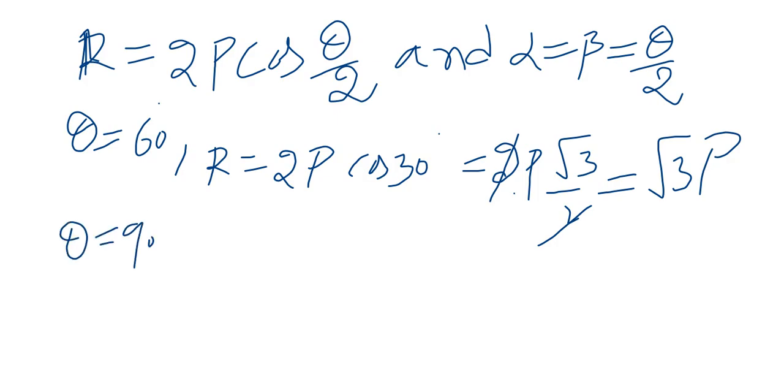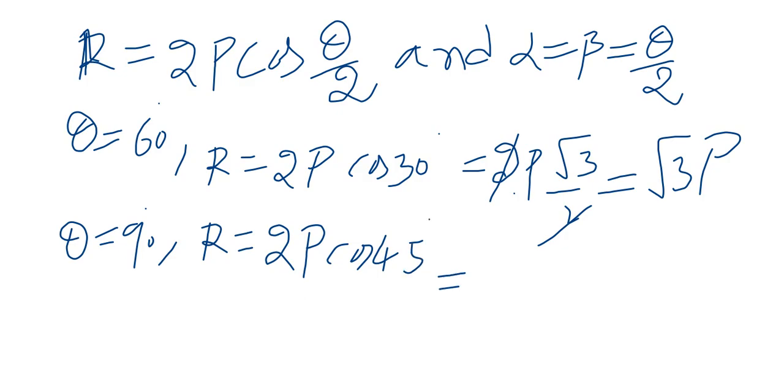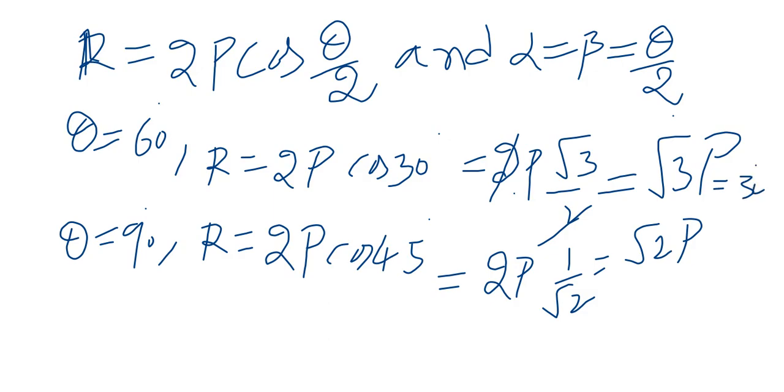Then R is 2P cos 90 by 2, which is cos 45 degrees. Cos 45 is 1 by root 2. That means root 2 P. And the angle alpha is equal to beta is theta by 2, which means here 30 degrees, here 45 degrees.